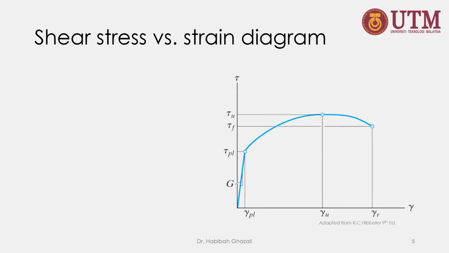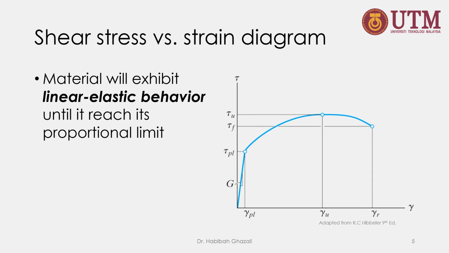This is an example of the shear stress versus shear strain diagram. From this diagram, the material will exhibit linear elastic behavior until it approaches the proportional limit, which is the end of that linear line here. So this is the proportional limit of this material. When subjected to torsion, this is the shear stress where it is still going to behave elastically.